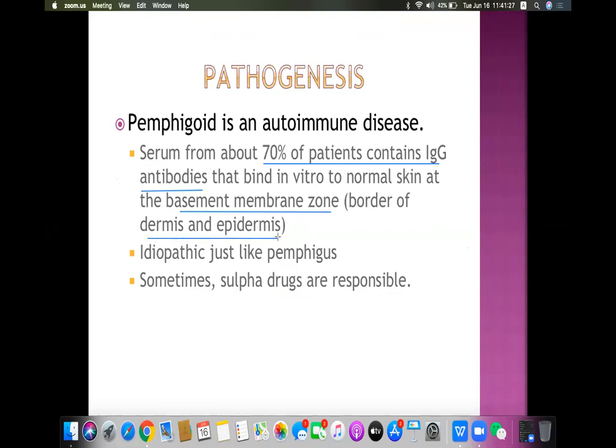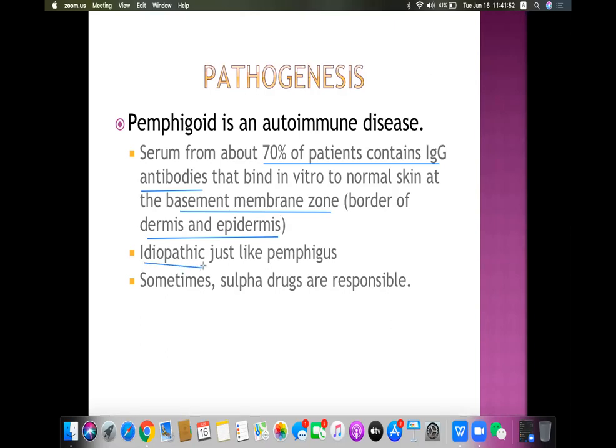That's why we talk about hemidesmosome in case of bullous pemphigoid. They are targeting hemidesmosomes, which are present at the junction of epidermis and the dermis, connecting the basal epithelial cells with the basement membrane.